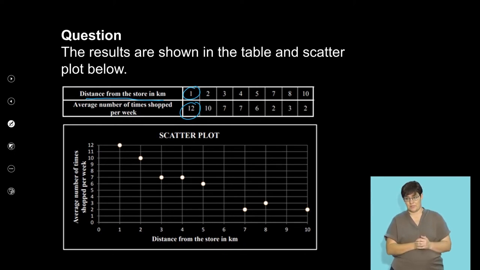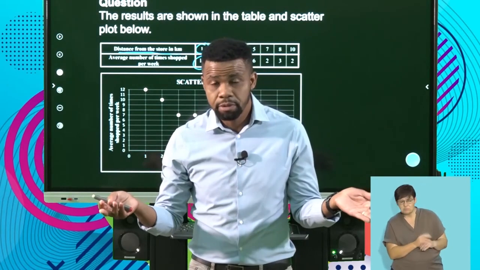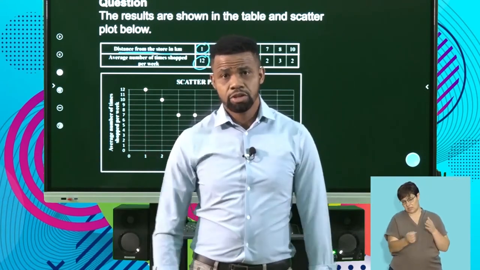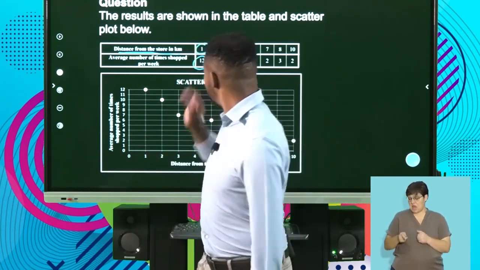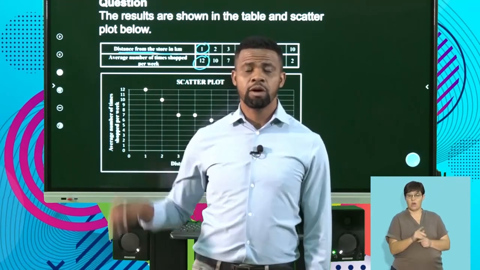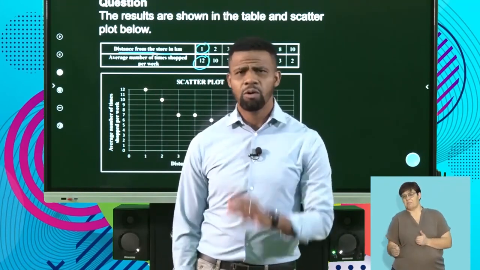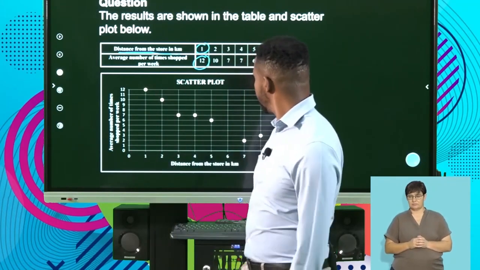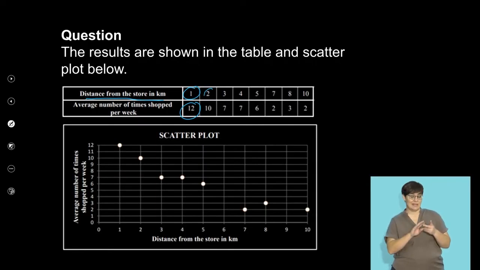They asked one person, how many times do you go to the shop? Probably 12 times per week. And the person actually walks or uses a mode of transport, but this person is 1 kilometer away. I think you can walk 1 kilometer. And the other person was 2 kilometers, and on average they go about 10 times to the supermarket per week.